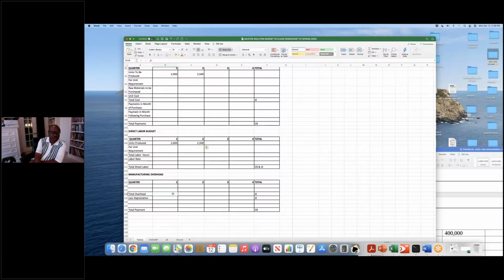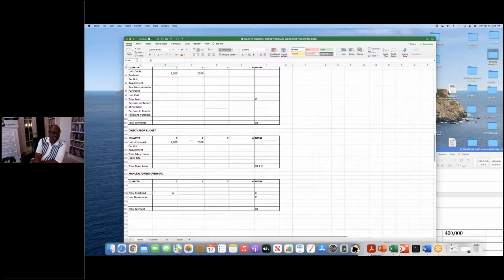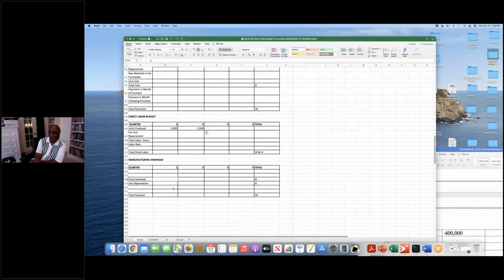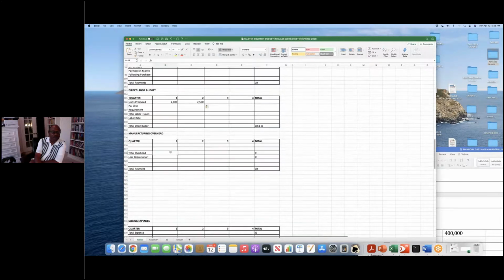So this is not supposed to be a hard one. Manufacturing overhead. I'm about to say what I have is 100,000. Unless you're doing it quarterly, then it's 25,000 each time. It depends. All you got to do is put 25,000 down, so you are ready.